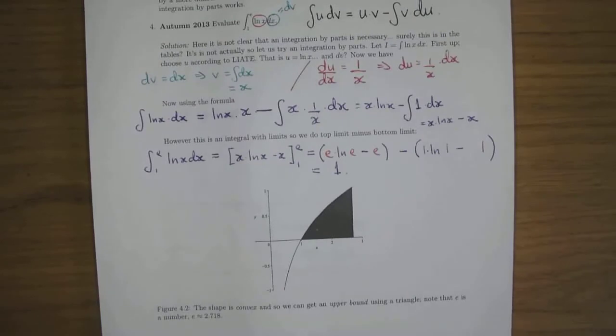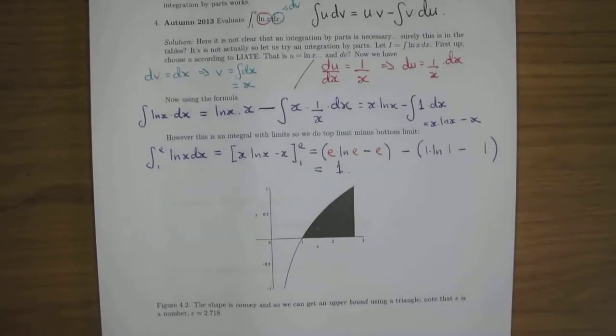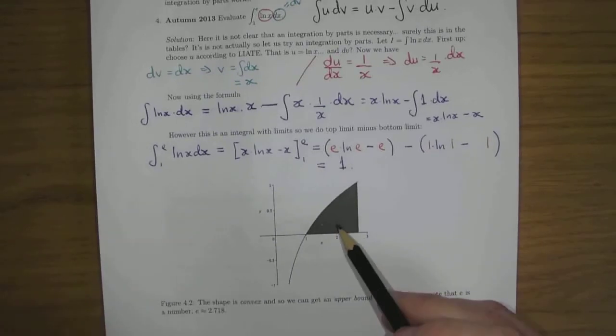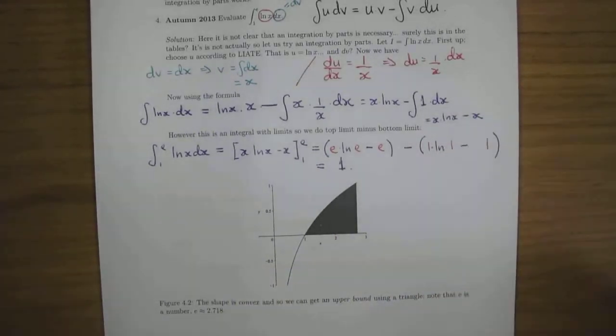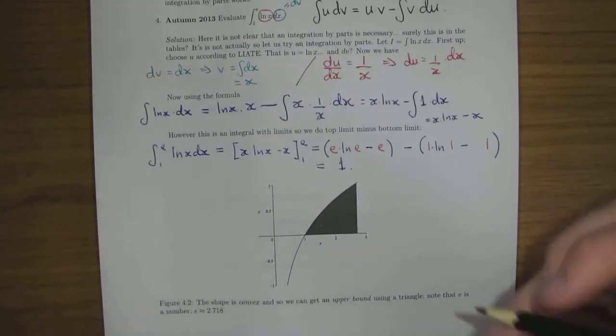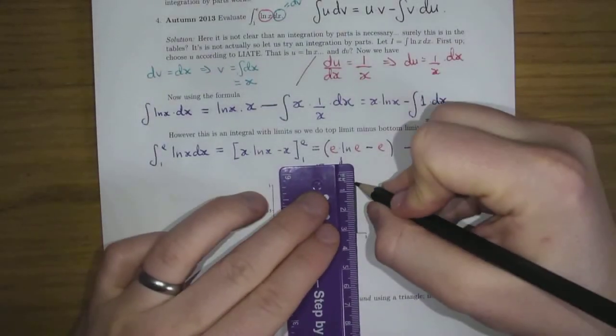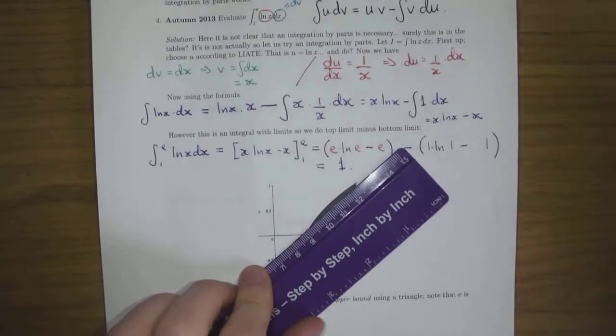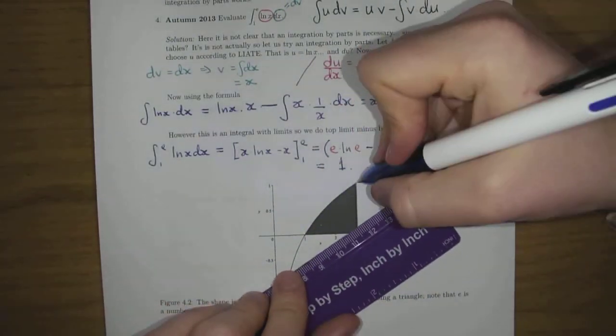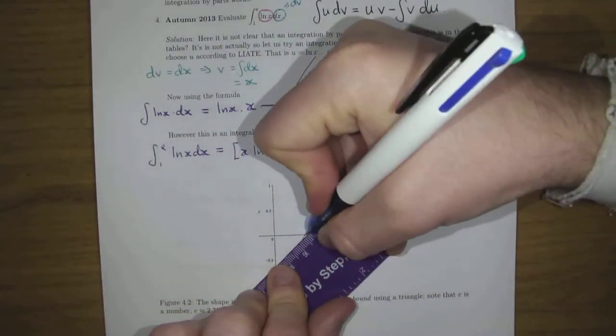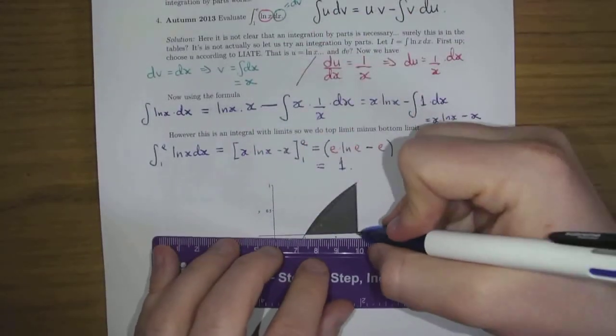Okay. Now just to finish off this video, we said in a previous lecture that integration is just finding an area. So 1 is the area of this. Now what I'm saying is this shape looks a little bit like a triangle, so we can get an underestimate of it using a triangle. The area of this triangle should be kind of close to 1.